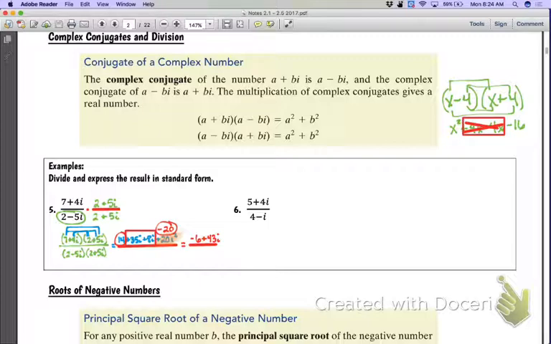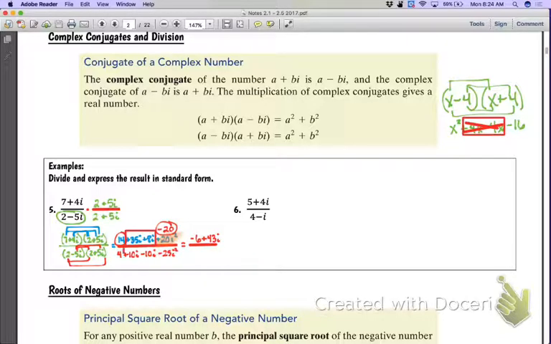If you want to multiply every single part and go 2 and 2, 2 and 5i, that's fine. Okay? But just know, if I do that, 2 and 2 obviously is 4. 2 and 5i is a positive 10i. Remember, the whole point of this is to get the middle part to go away. So whenever I go negative 5 and positive 5i, I'm going to have negative 25i squared.